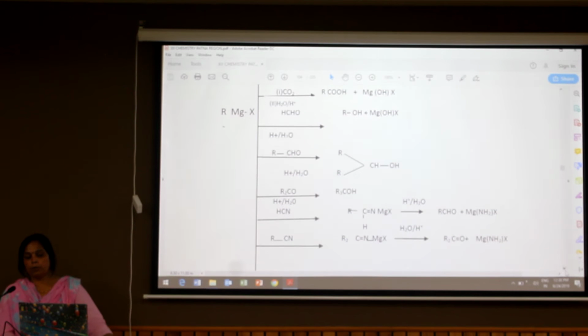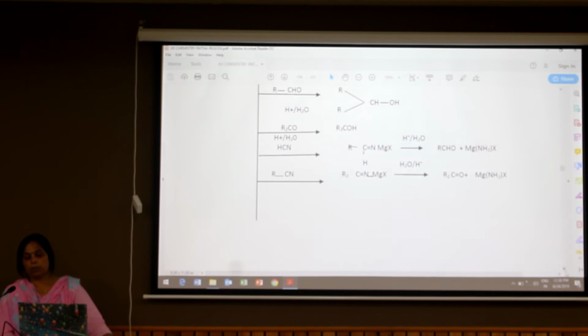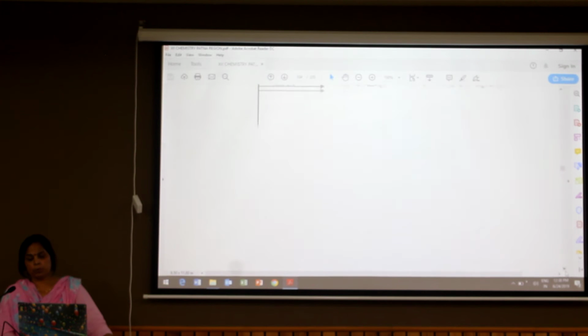With formaldehyde, it gives primary alcohol. With CH3CHO, it gives secondary alcohol. With ketone, it gives tertiary alcohol. Similarly, with HCN, it forms aldehydes. With RCN, it gives ketones.